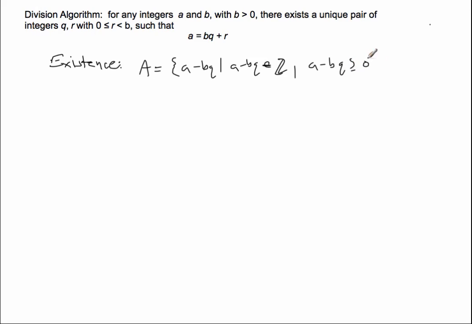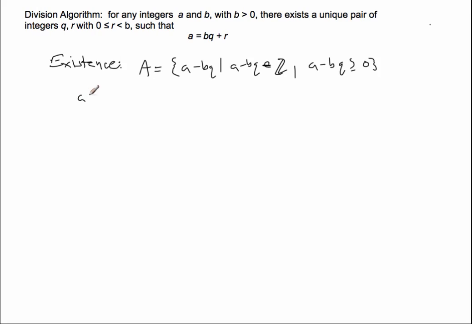Okay, so now, interesting set. When we have this set, it's always a good idea to make sure that our set has at least one thing in it, and we're going to actually need it to have at least one thing in it in a little bit. So let's just find a number that is in it. So a, we said, isn't necessarily greater than 0. So there's two possibilities.